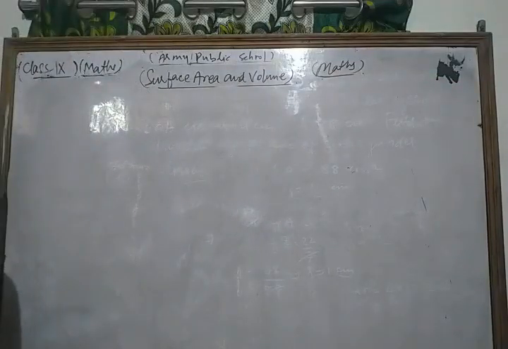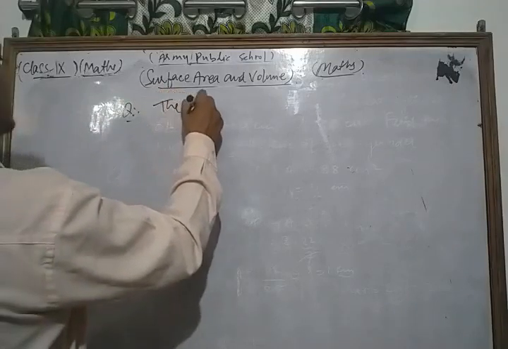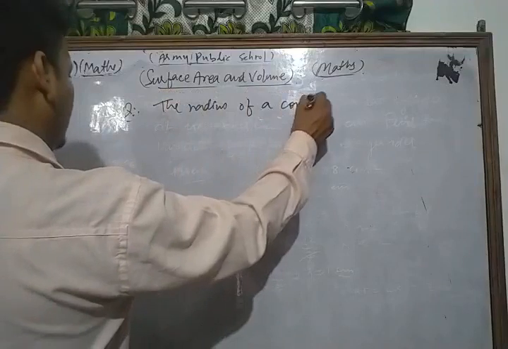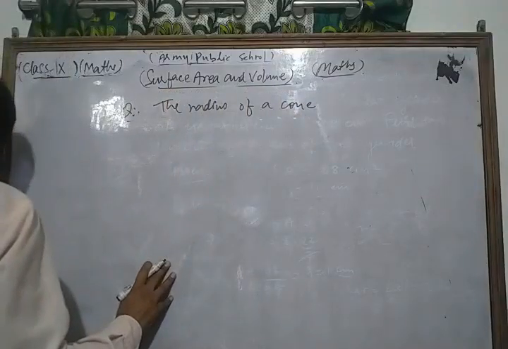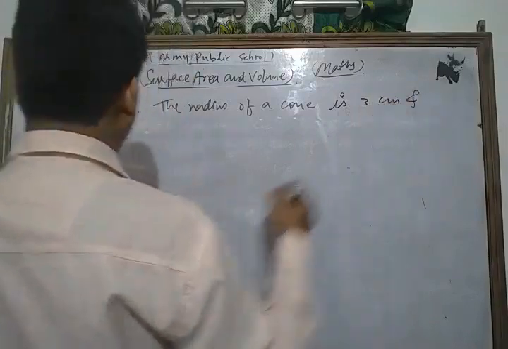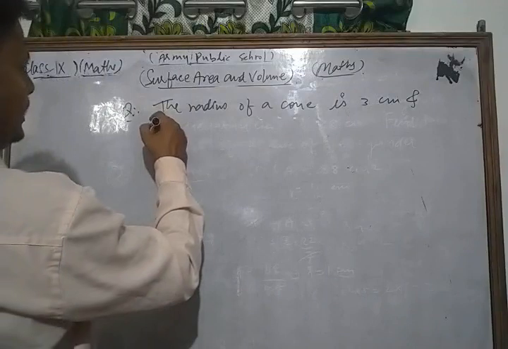And the question is, now look, the radius of a cone is 3 centimeter, and height is 4 centimeter.